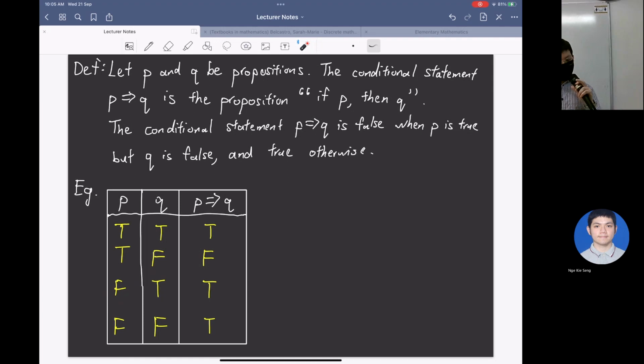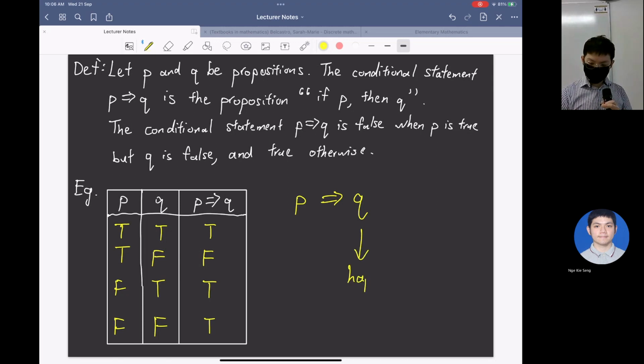No matter whether P is false, as long as Q is true, it's always true. This means if you say P implies Q, but Q always happens, it doesn't mean that P will happen as well. Okay, I'll say it slower. P implies Q. Imagine Q happens, and then you make this statement. This statement is always true.